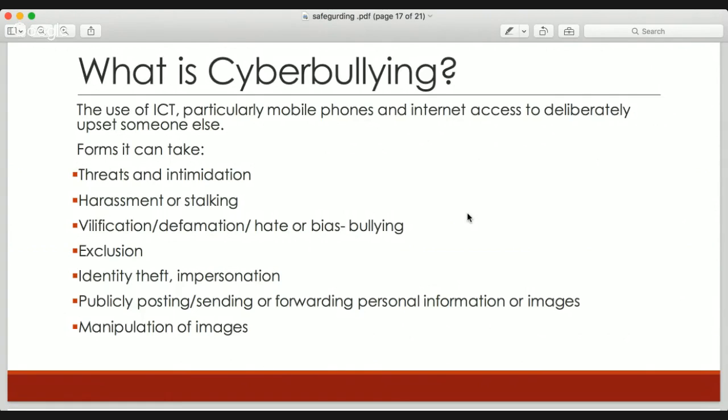And it can take the form of threats and intimidation, as we've already mentioned, harassment or stalking, vilification, defamation, hate or bias bullying, exclusion, identity theft, impersonation, publicity posting, sending or forwarding of personal information or images, as we've already mentioned, manipulation of images. All of this is cyberbullying.